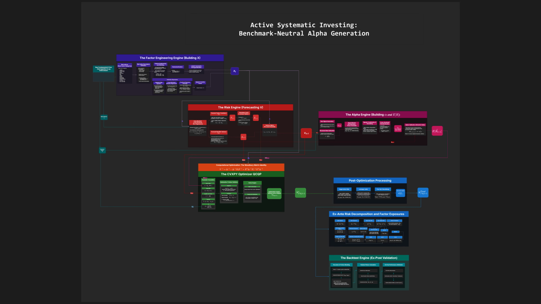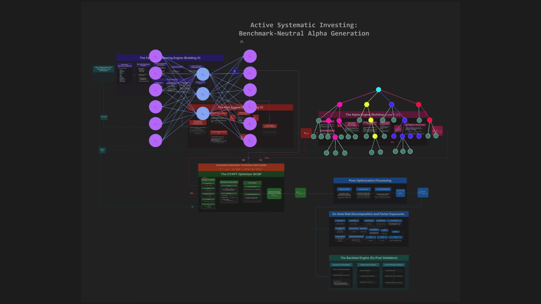And for the active engine, we'll explore replacing classical linear factor models with tree-based machine learning and deep autoencoders. The risk engine is built. Now it's time to deploy it. So I'll see you in part 3.